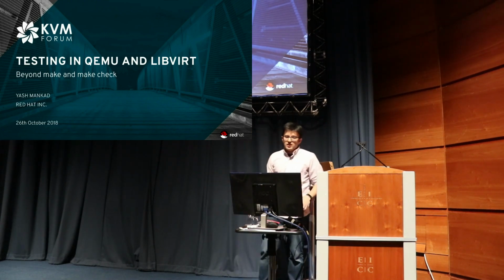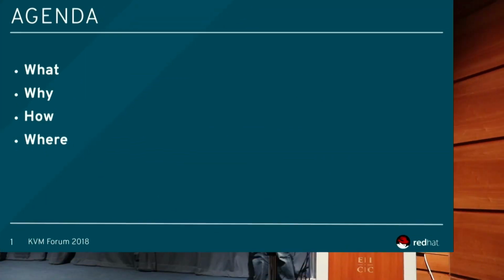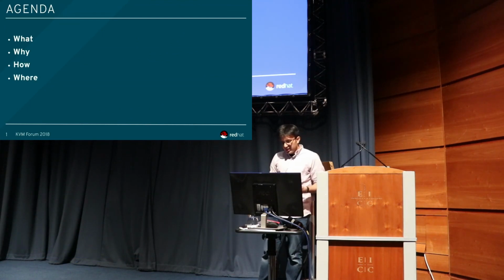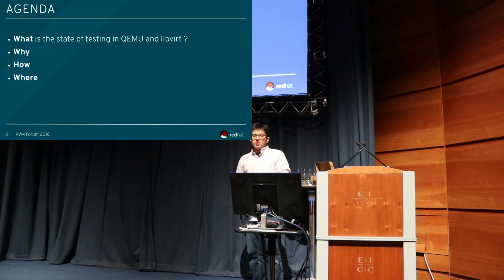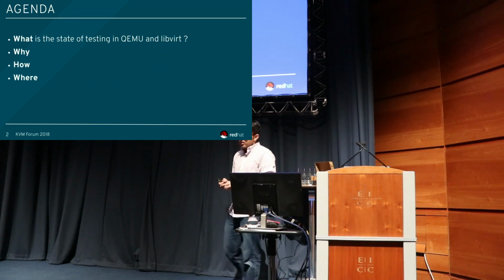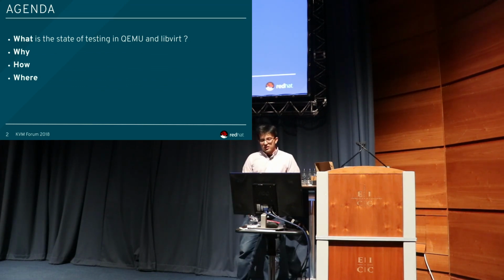and this talk is basically the result of that. So the agenda for the talk, I'm going to try and answer 4 questions today: what, why, how and where. I'm going to start with what is the state of testing in QEMU and libvirt. So what is the present state of CI, if there is any? What kind of tests do we run? Where do they run?